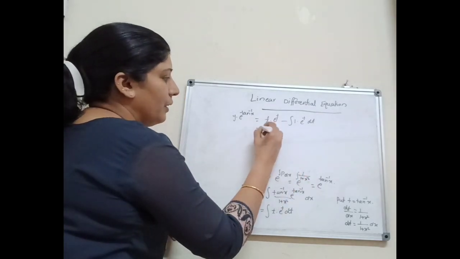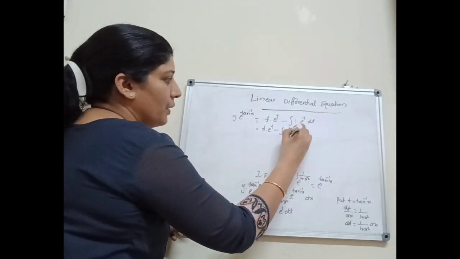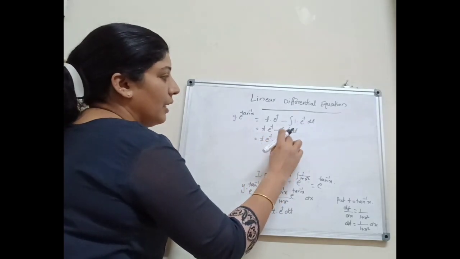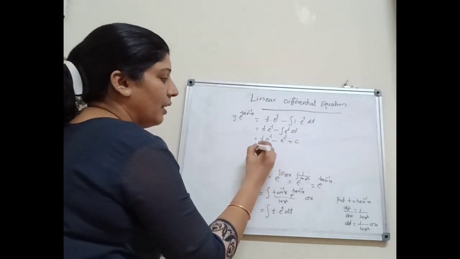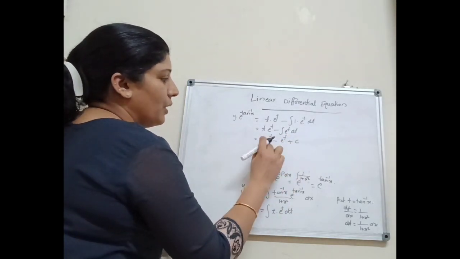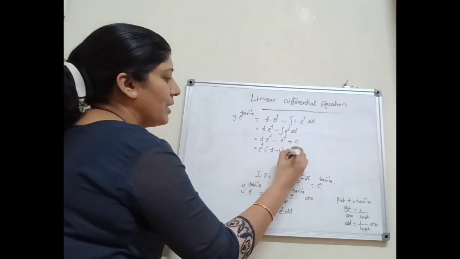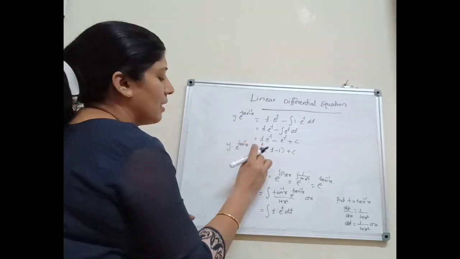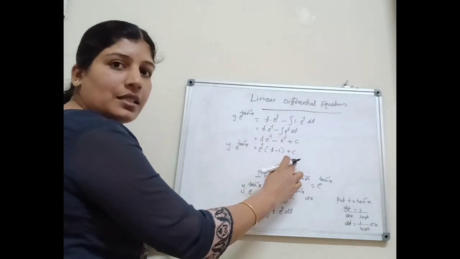That is equal to t e raised to t minus integral e raised to t dt. That is equal to t e raised to t minus e raised to t plus c. Now here e raised to t is common, so take it outside: e raised to t into (t minus 1) plus c. That is y e raised to tan inverse x equal to e raised to t into (t minus 1) plus c.